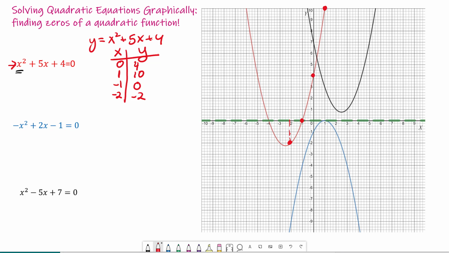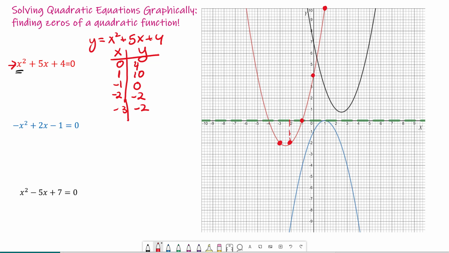And let's do a couple more points. Let's do -3. -3 squared is 9. 5 times -3 is -15, right? So 9 minus 15 is -6. Plus 4 is again -2, right? So we're right here.